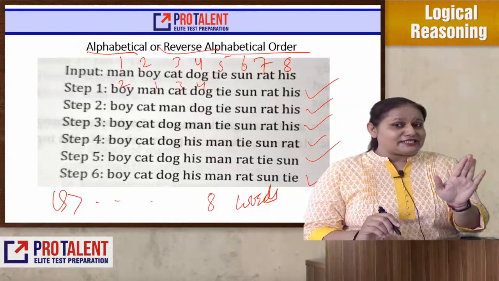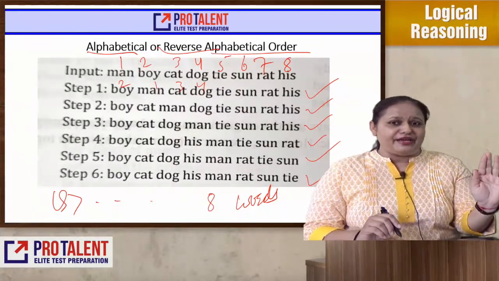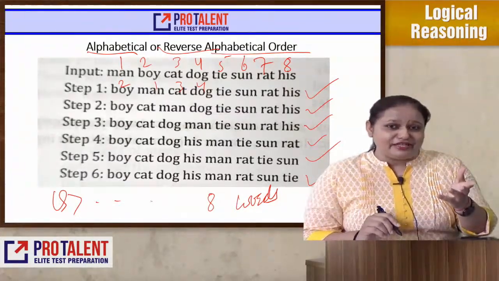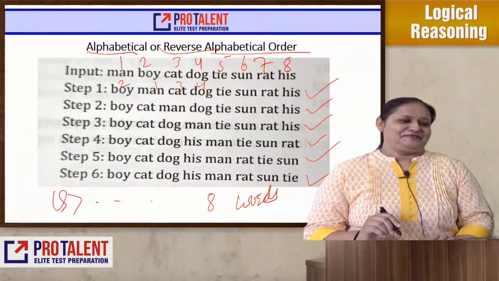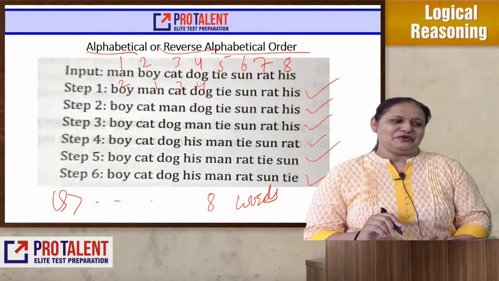This is what maximum students have done. So just tell me, if you were not knowing what it is that we have to identify, the logic, would you have gone with the same thought? Say yes or no.